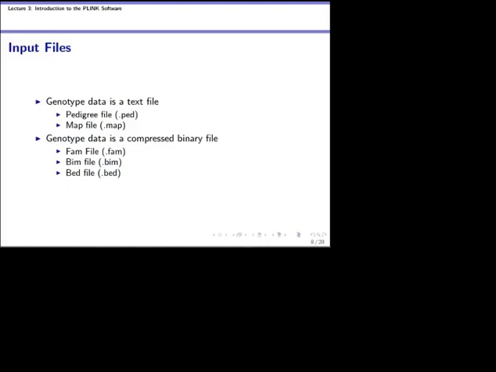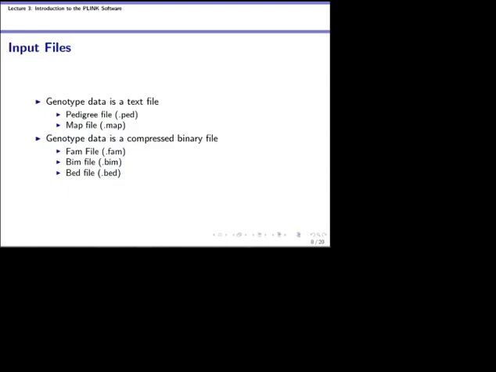So any questions about that? The MAP file and the .bim file are essentially the same. They give information about the SNPs or the markers of interest. So it gives information about what chromosome it is on, what is the name of the marker, what's the location in base pairs or in centimorgans. The PED file gets split up.